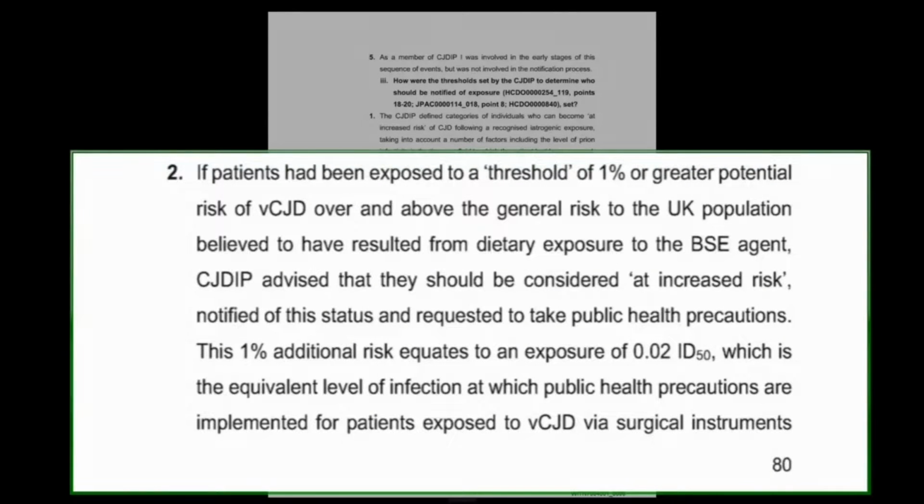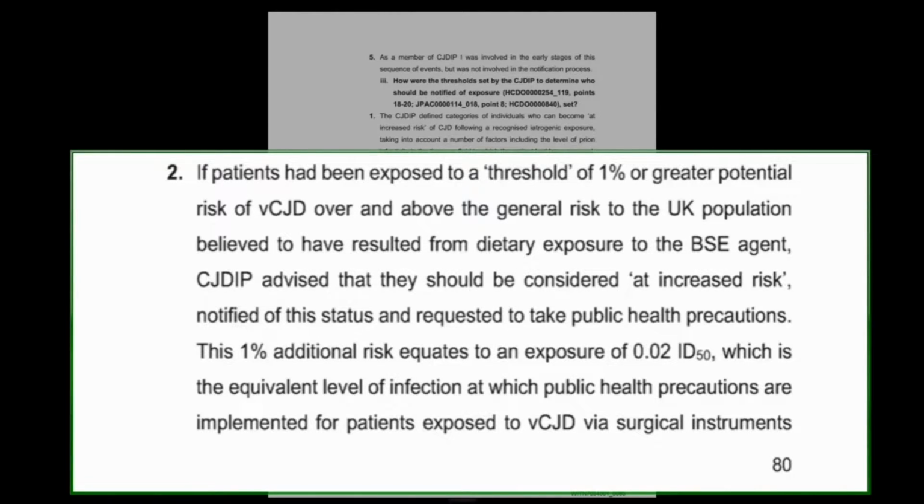So you say this: if patients had been exposed to a threshold of 1% or greater potential risk of vCJD over and above the general risk to the UK population, believed to have resulted from dietary exposure to the BSE agent, the panel advised that they should be considered at increased risk, notified of this status, and requested to take public health precautions.